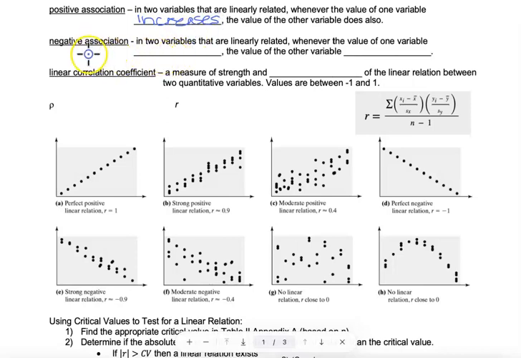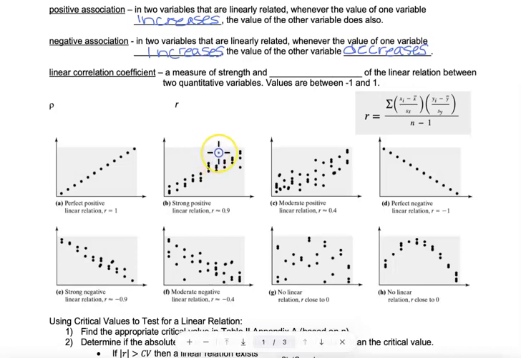It's a negative association if the value of one variable increases and the value of the other variable decreases. So we have positive and negative association. Again, we should only be talking about these if there appears to be a linear relationship.